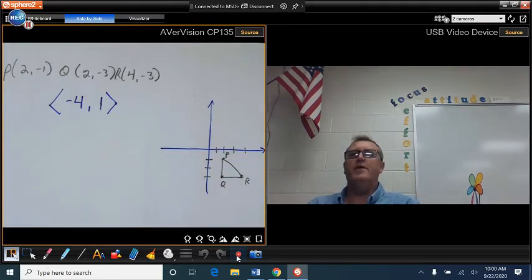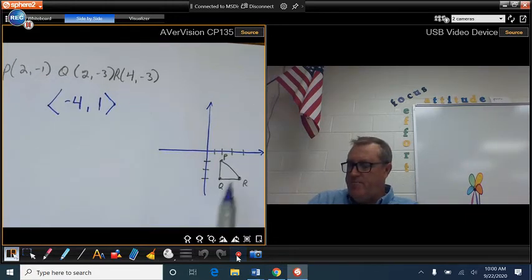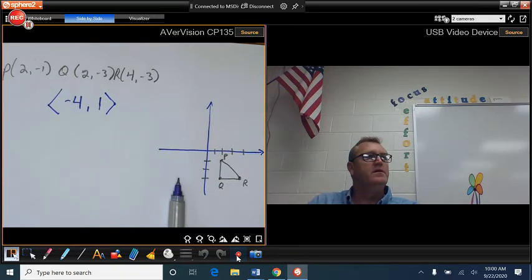Okay, so we plotted that point. Now we have to apply the vector. Okay? That means that we're going to go, as Chase said, -4 units on the X. So the whole triangle is going -4 units this way. And then the +1 means we're going to move it up 1 unit.